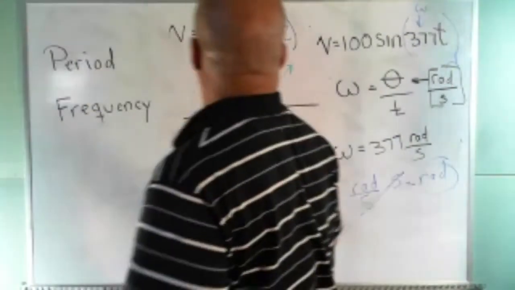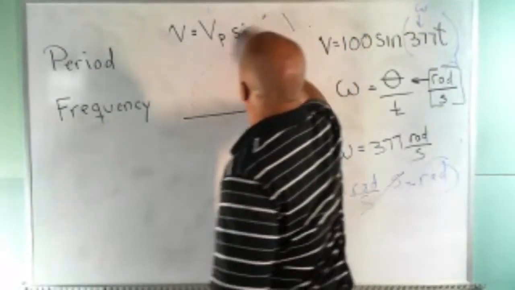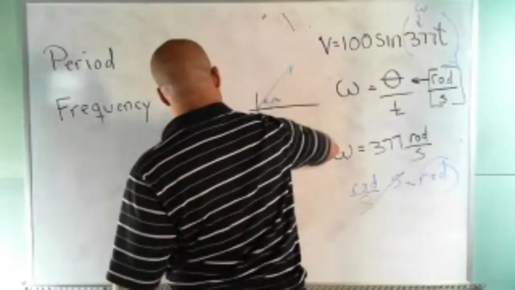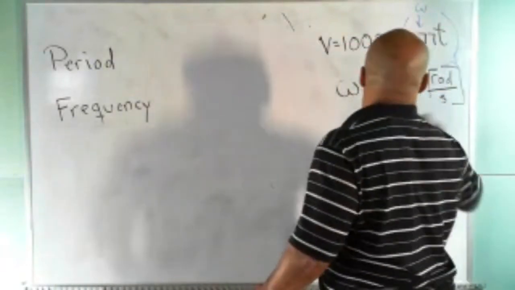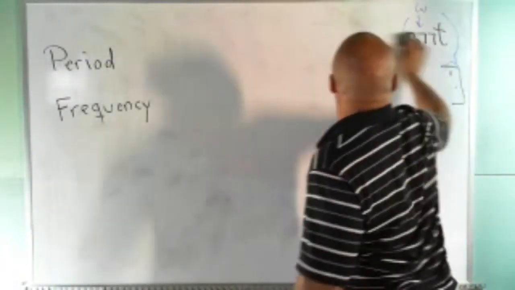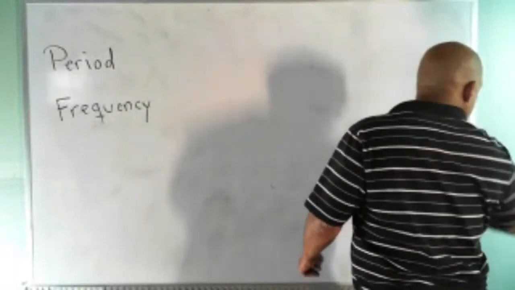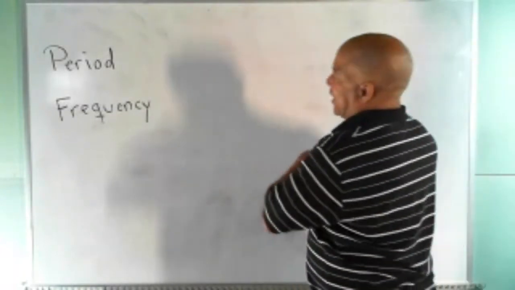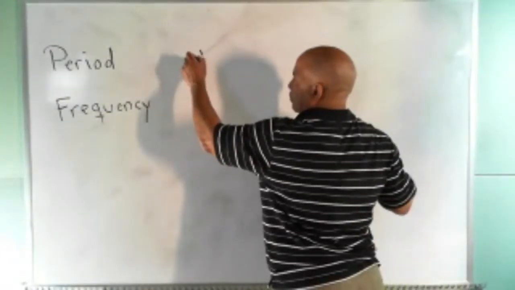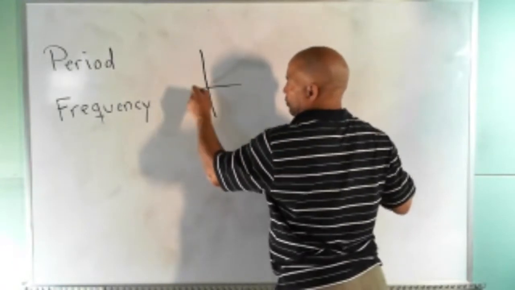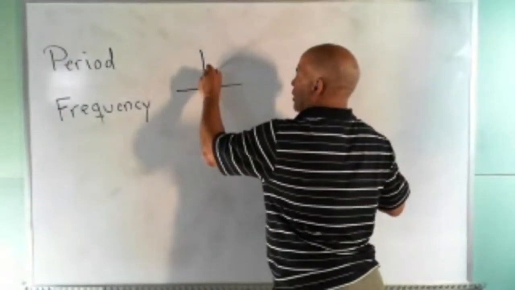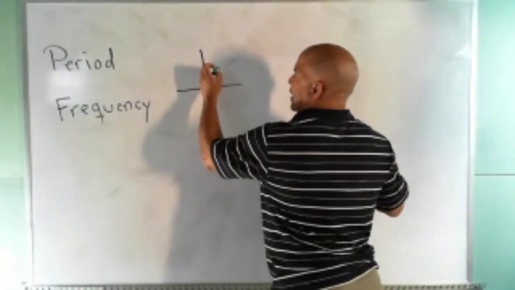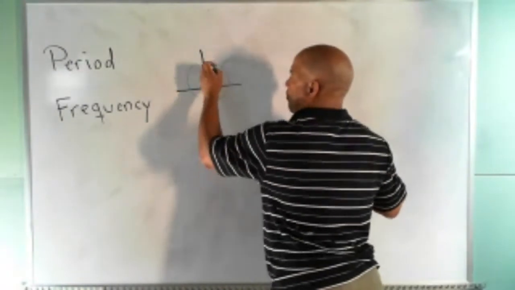The period of a waveform. I want to relate this to a circle. So you now know that if I take that phasor and let it rotate, it's going to rotate counterclockwise in the circle.